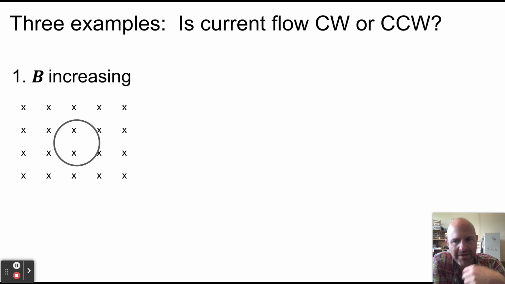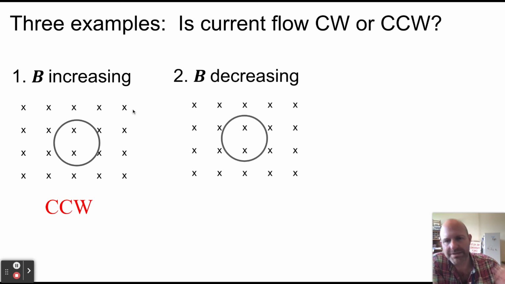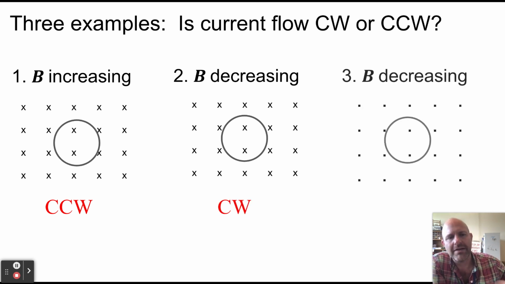That means we should have a current flowing in such a way to make a magnetic field point outward. So that would be counterclockwise. If the magnetic flux or the B field is decreasing, we want to replace some of what was lost. So it should go clockwise. And finally, if we have a magnetic field coming out at us that's decreasing, we want to replace that that's lost. And so that should also be counterclockwise.